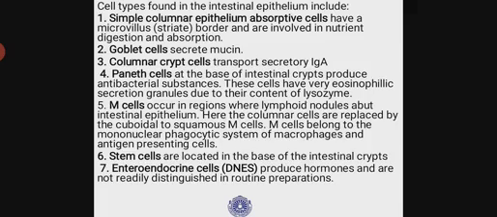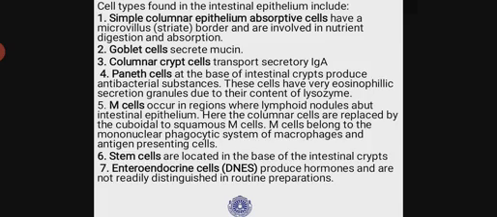The goblet cells secrete mucin, and the columnar crypt cells transport secretory immunoglobulin, what is called IgA. Coming to the fourth type, Paneth cells, at the base of intestinal crypts, produce antibacterial substances, and these cells have very eosinophilic secretion granules due to their content of lysozyme.